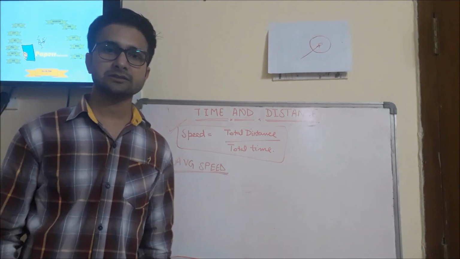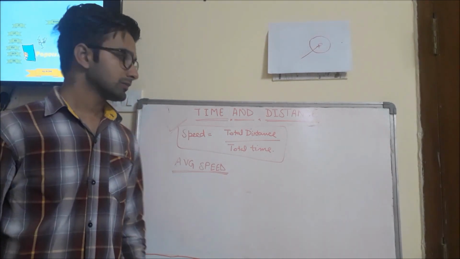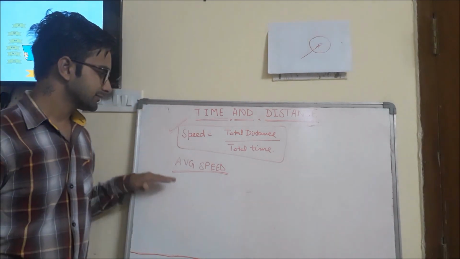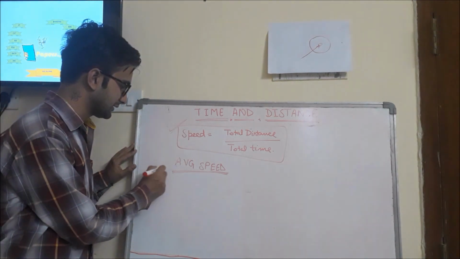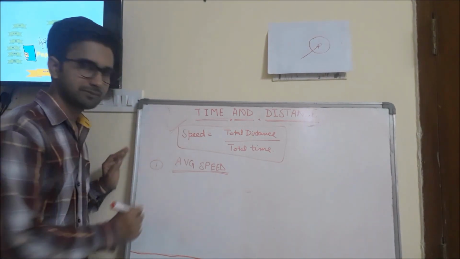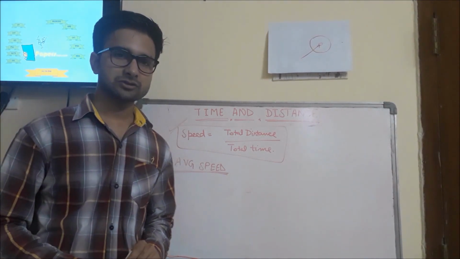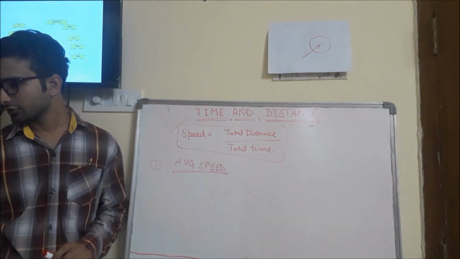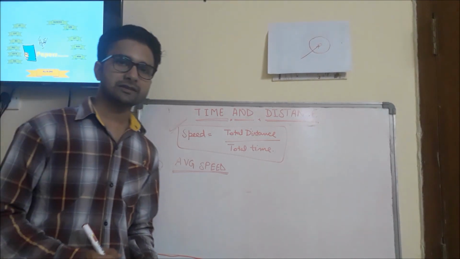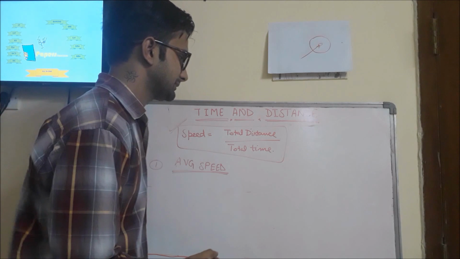of time and distance. Here is one type of question, the average speed question, that is asked in many exams, and I have seen these questions in multiple exams. So let's start with a simple example.